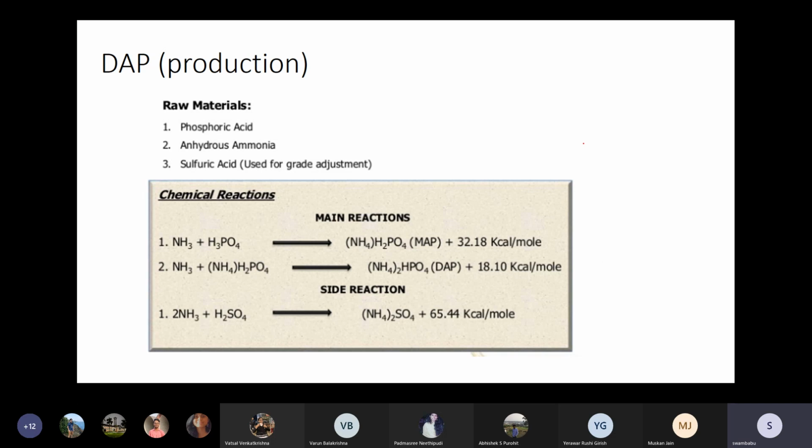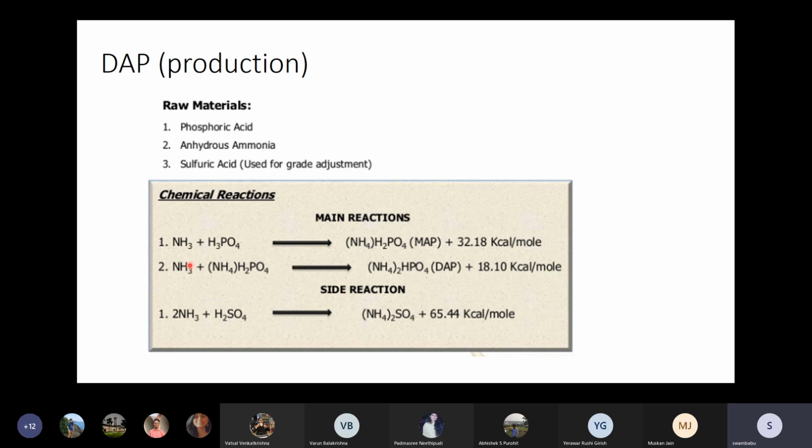We could generate phosphoric acid from phosphate rock, and these are the three raw materials we use: phosphoric acid, anhydrous ammonia, and sulfuric acid, which is only used for grade adjustment. I will talk about this after 2 minutes.